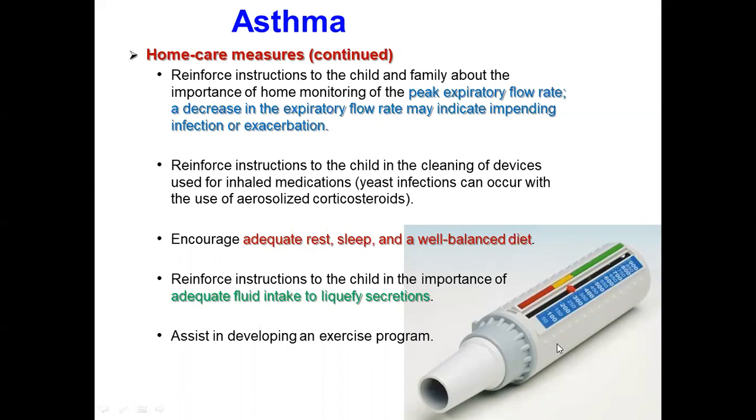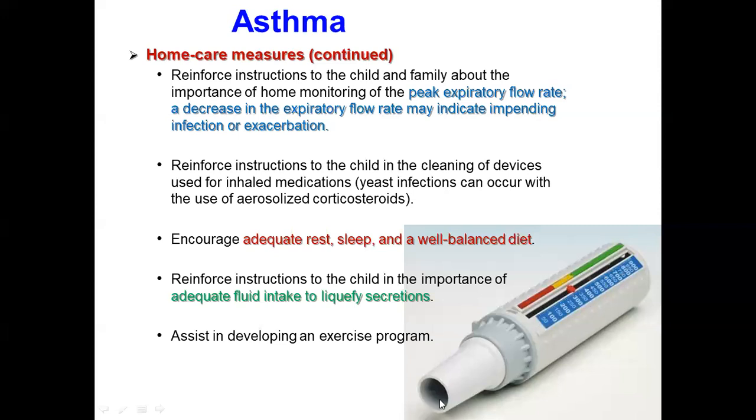You can see this is the peak expiratory flow rate. There are three colors: red, green, and yellow, right? So we could educate the patient on three-zone management.